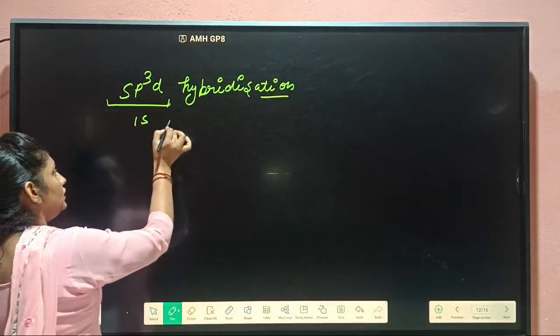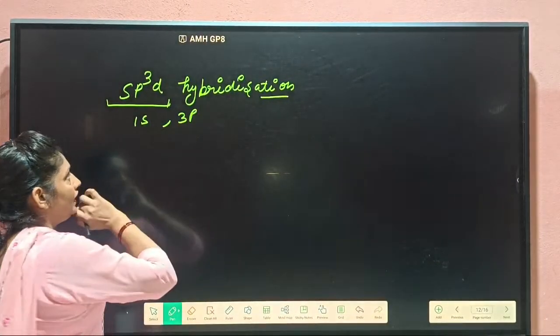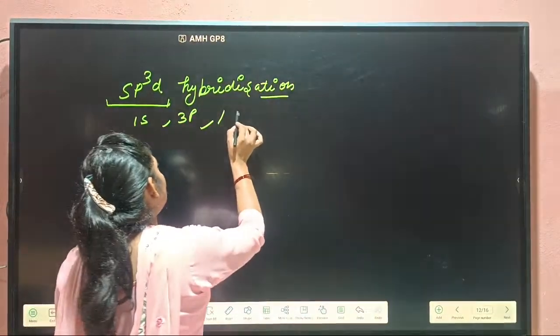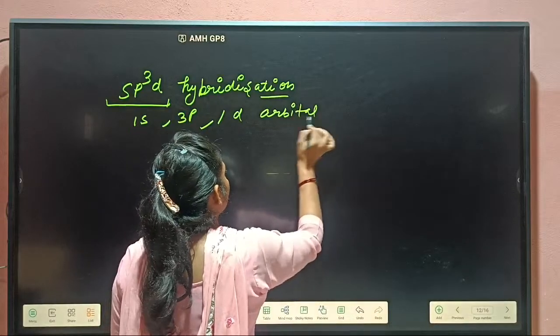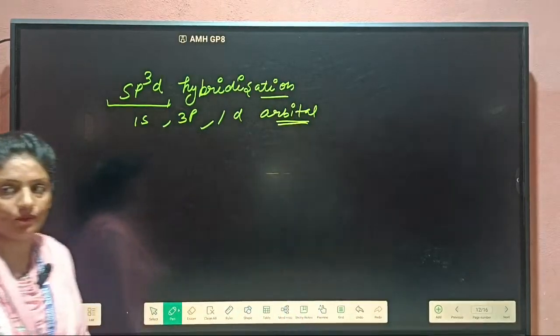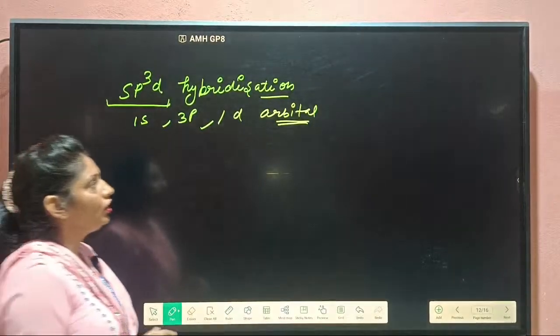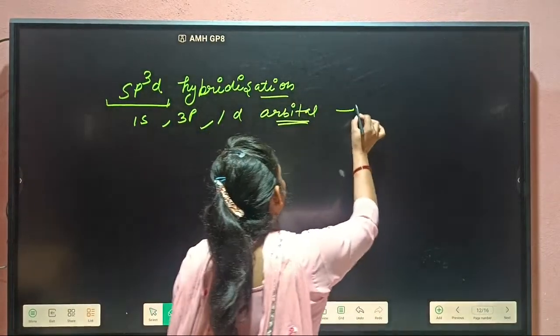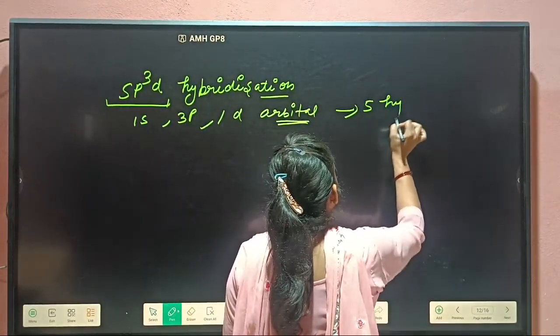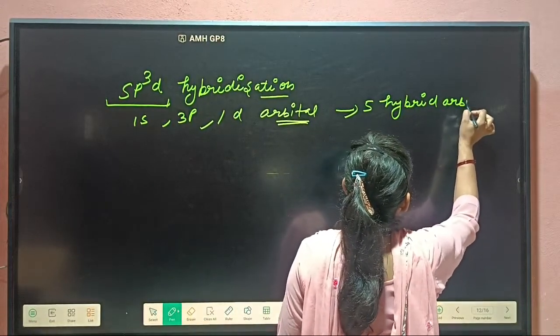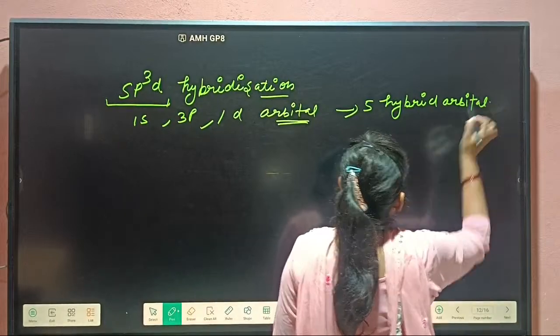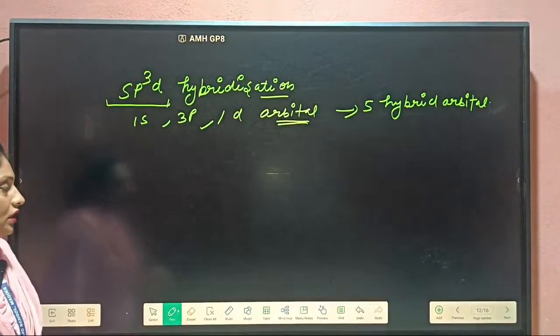One s, three p, and one d orbital take part, they overlap, and they form the hybrid orbitals. They form 5 hybrid orbitals. How many? 5 hybrid orbitals. I hope this concept is clear to you.